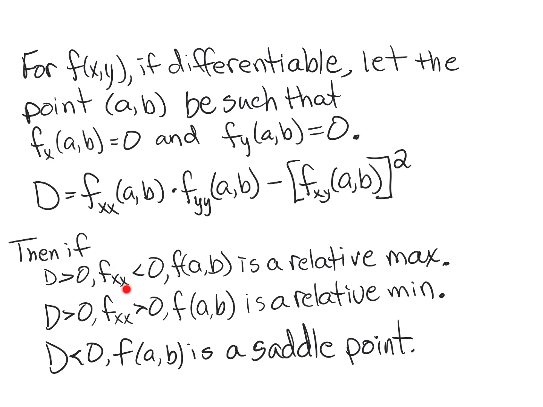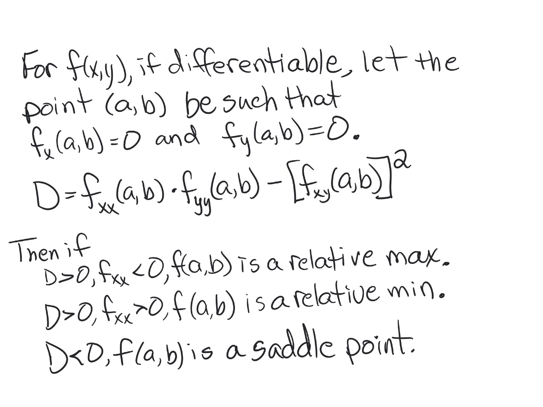But if your second partial with respect to x is negative, but D is positive, it means that both of these must have been negative to give you a positive, because you're always going to be subtracting value from that. So if both f_xx is negative and f_yy is negative, then about that critical value, you have concave down in that whole general area.